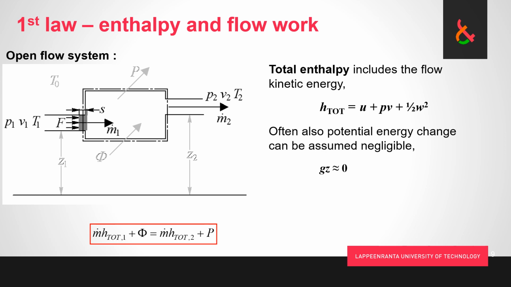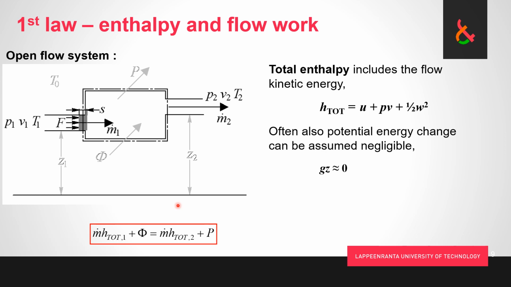So now we have just mass flow rate times the enthalpy it brings plus heat rate, and same thing on the other side. And now because the arrows are going this way, we have the power as the leaving energy. But I highly recommend that you always just draw the picture, mark all the arrows, what is going in, what is going out. If it's a pump, the power is going in because you need external power source to run the pump.